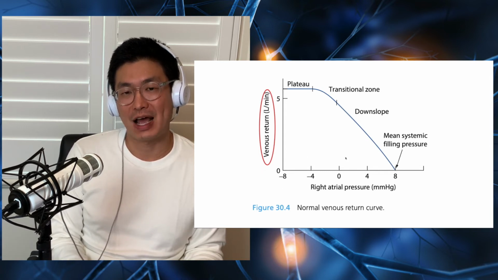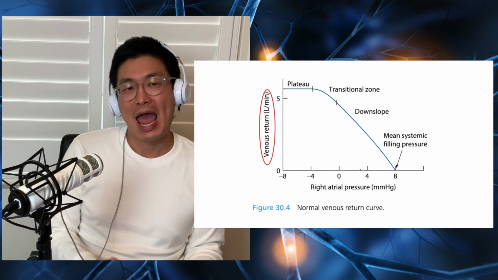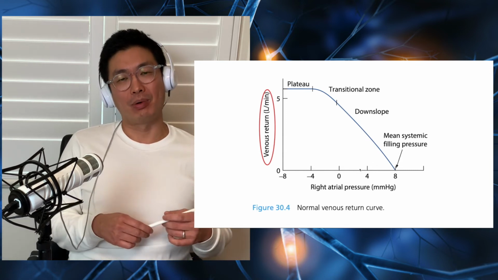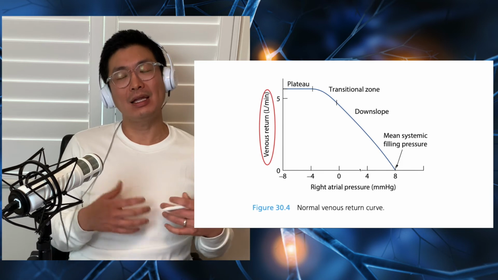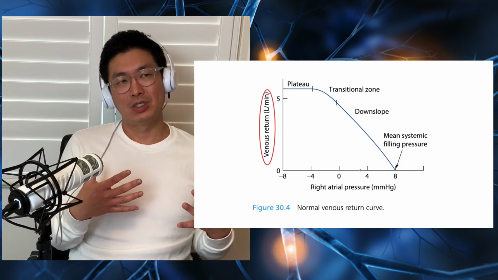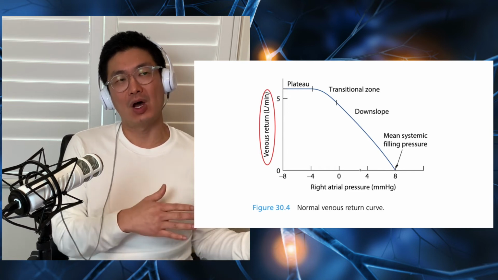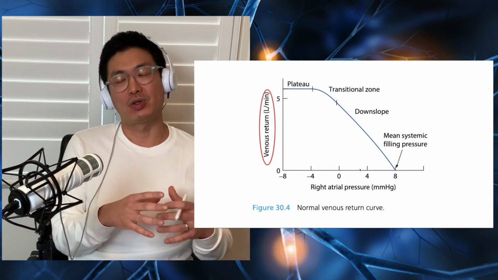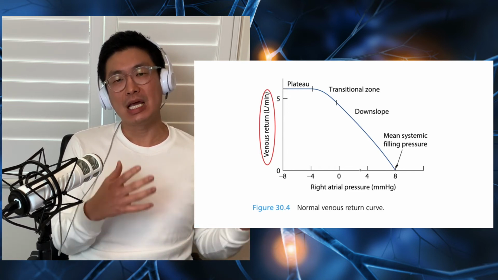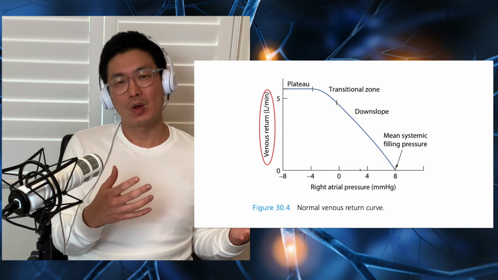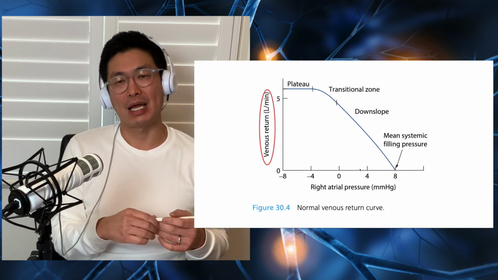So this is for the vascular function curve. And the reason why I think that's important is that it allows us, when we think about the steps sequentially of how local vasodilation increases venous return, to use this graph to actually explain that.